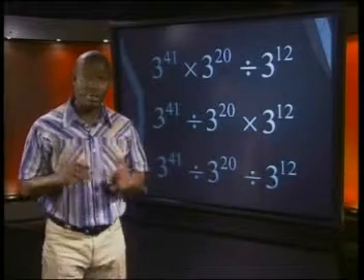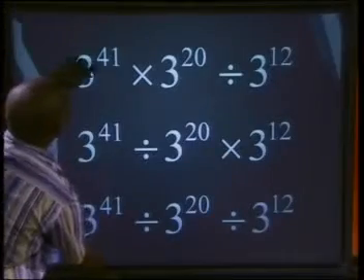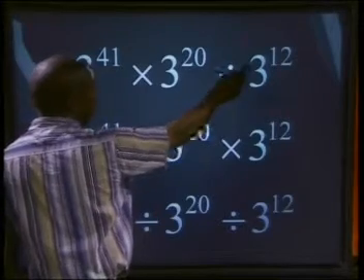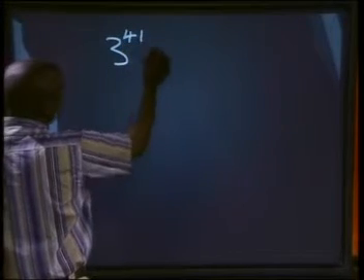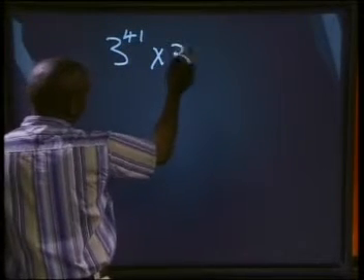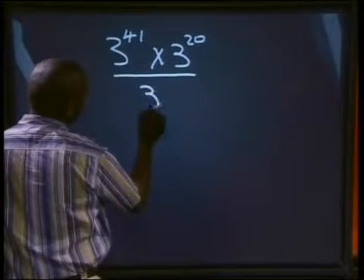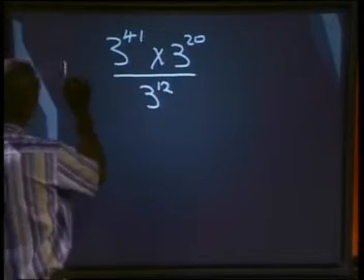We can write the first one, 3 to the power 41 times 3 to the power of 20 divided by 3 to the power of 12, as 3 to the power of 41 multiplied by 3 to the power of 20 divided by 3 to the power of 12.